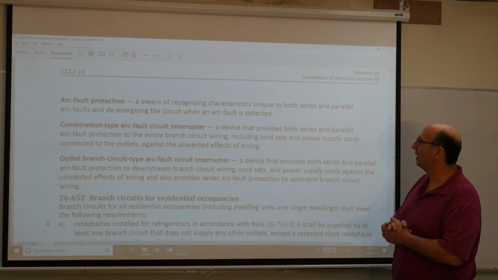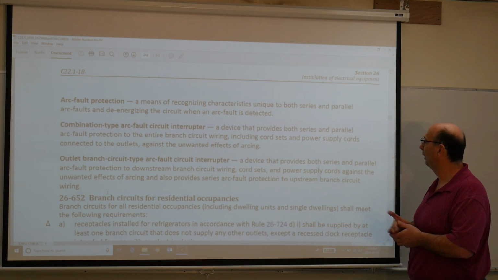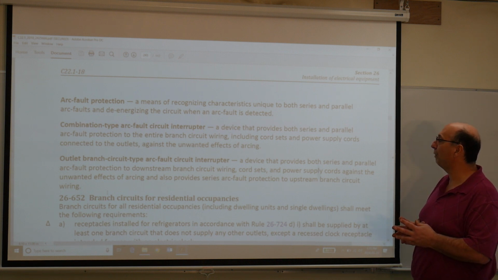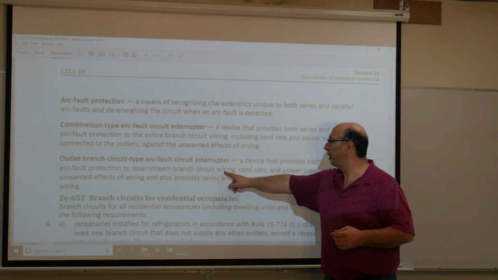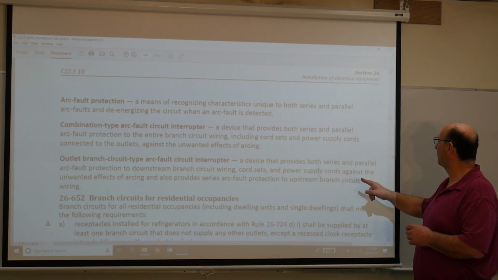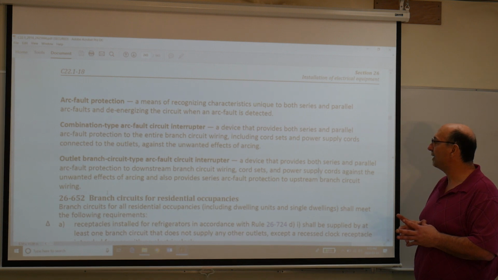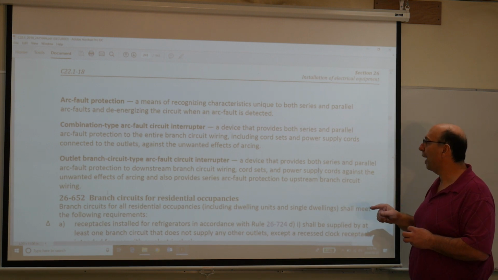Next, we have this definition of outlet branch circuit type AFCI interrupter. It is a device that provides both series and parallel arc fault protection to downstream wiring, cord sets and power supply cords against the unwanted effect of arcing, and also provides series arc fault protection to upstream branch circuit wiring.